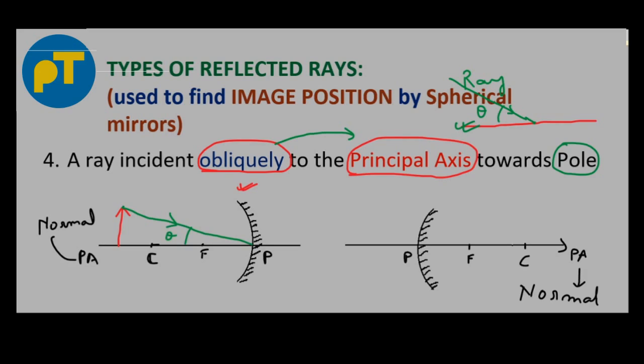Okay, so I'm going to erase these two. This ray of light will bounce back with the same angle that the incident ray had made with this.